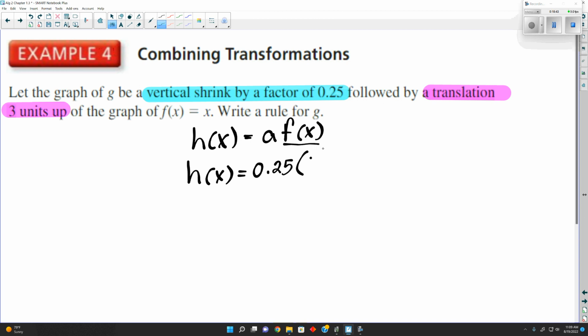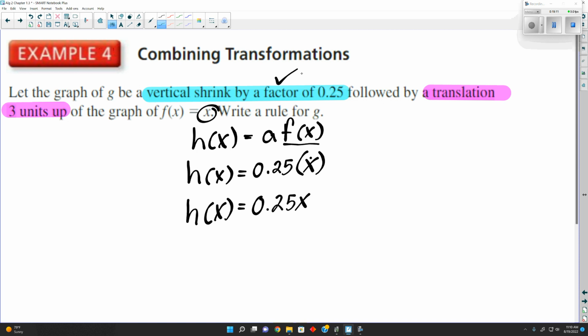So our f of x function, f of x equals 3, and when we multiply these together, we get 0.25x. Any questions on this one so far? So we've finished the first part. We've applied the first transformation.